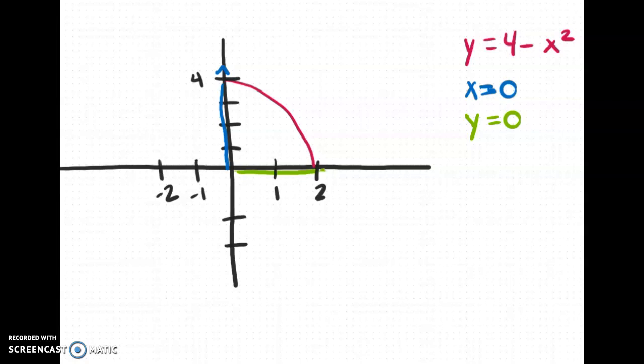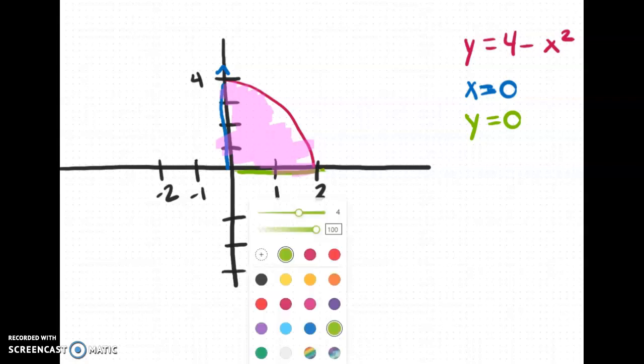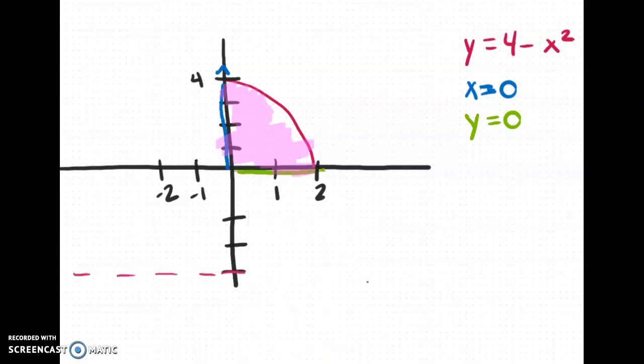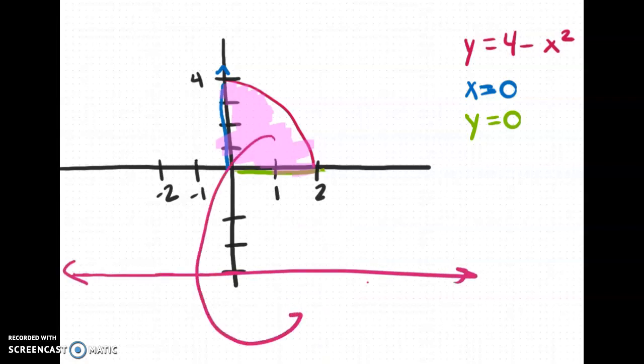So let's highlight it. And we are going to revolve it around y equals -3. So this is y equals -3 right here. So we're going to be revolving this around.